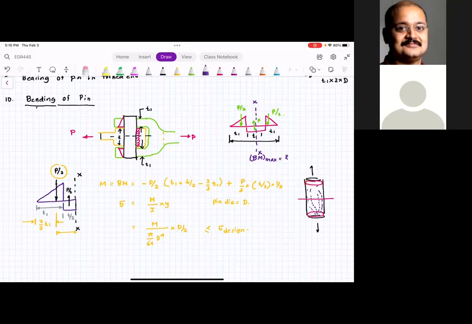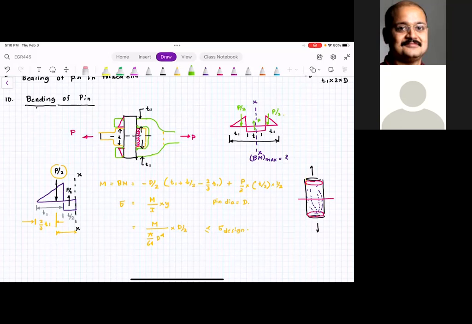But when you do the finite element analysis, depending upon the element size you choose, depending upon the resolution that you choose, depending upon the algorithm that you choose, you will get a better representation of the stresses. And that's why when you do the finite element analysis, you will realize that even though you don't expect, there will be some stress concentration over here, over here, and over here.